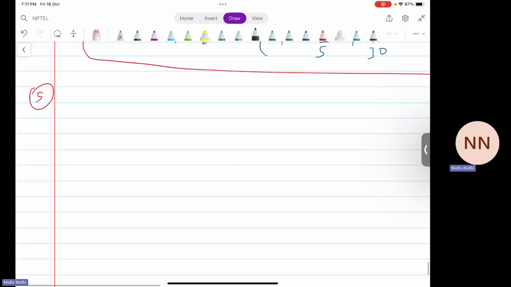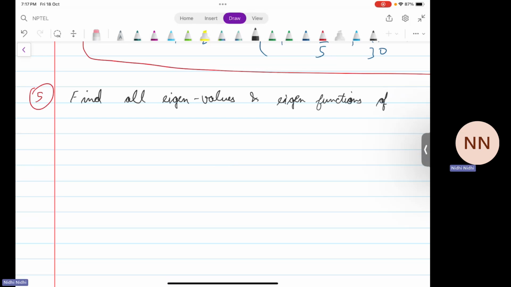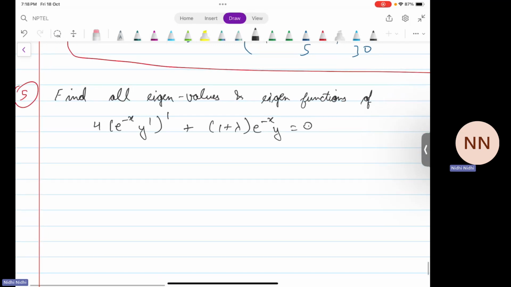Find all eigenvalues and eigenfunctions of (4e^(-x) y')' plus (1 plus lambda) e^(-x) y equals 0, along with the boundary conditions y(0) equals 0 equals y(1).